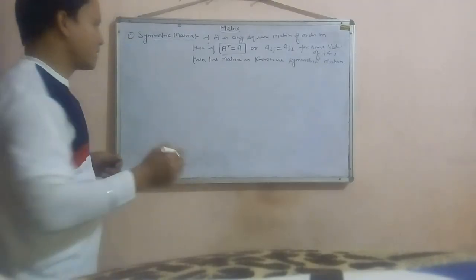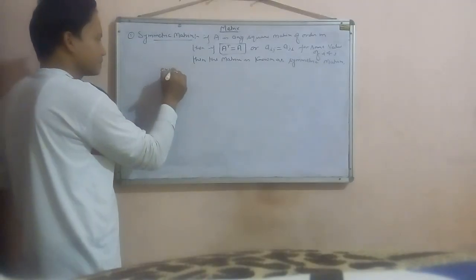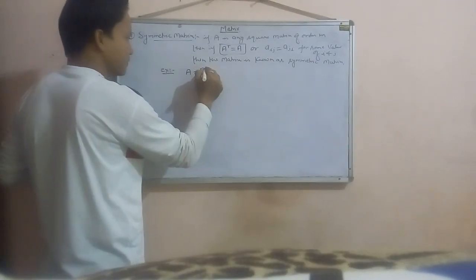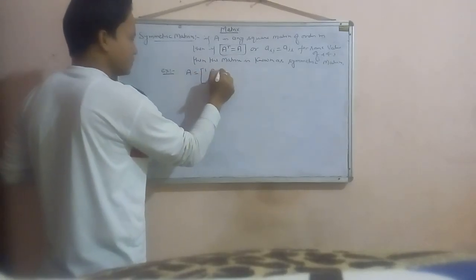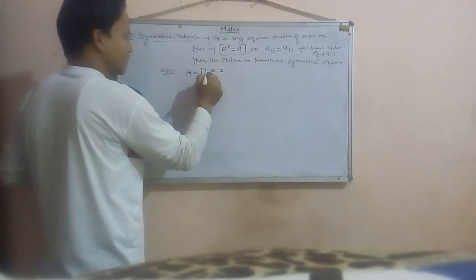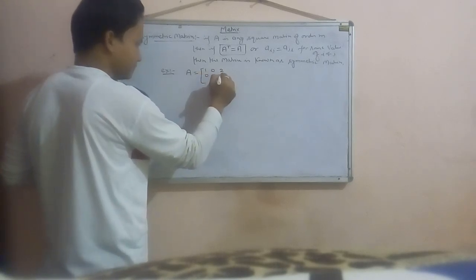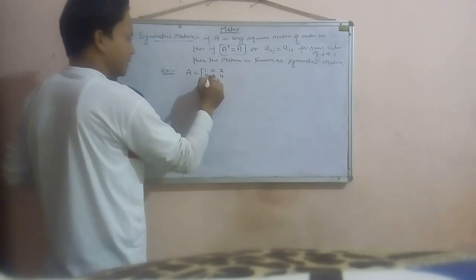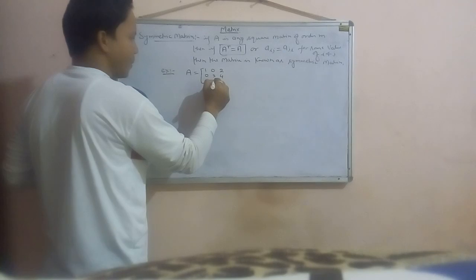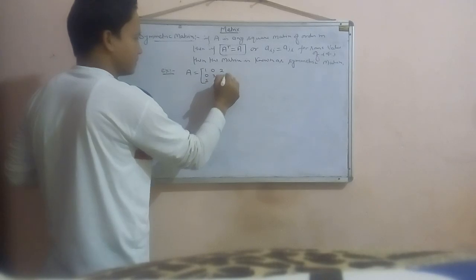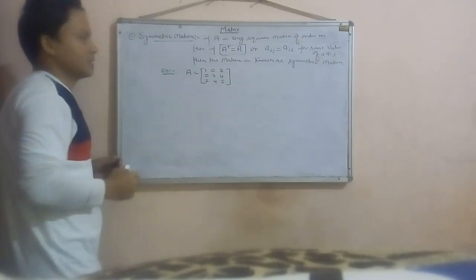Let us take one example. Let A be any square matrix: 1 0 2, 0 3 4, and 2 4 5. Okay students.